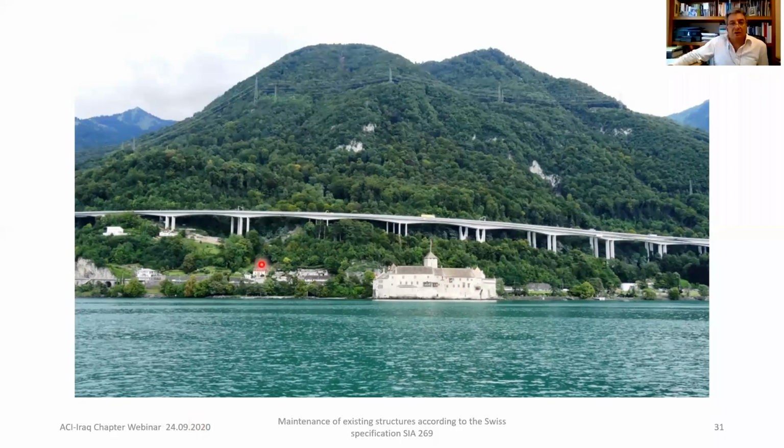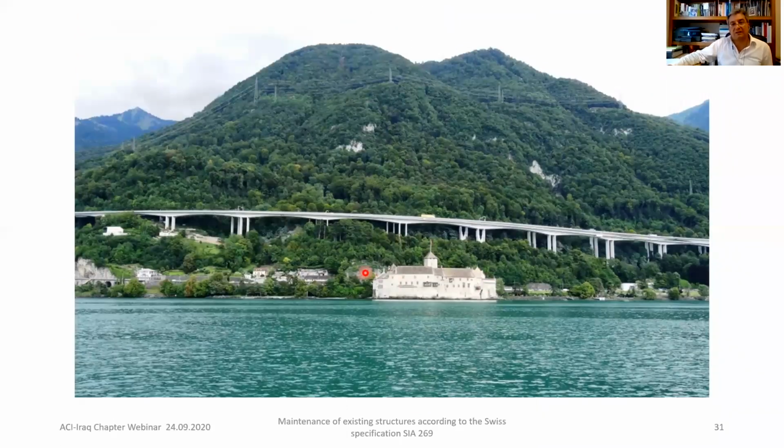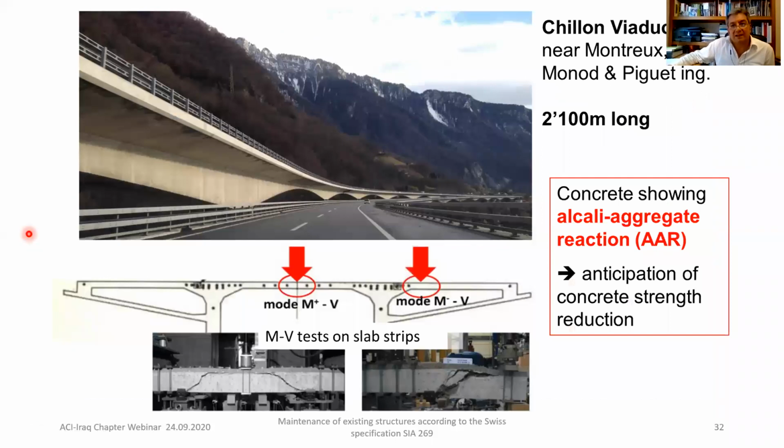This autoroute was constructed between 1967 and 1969. This portion exactly over the Château-Chillon was finished in 1969. And it suffered from the concrete disease, what we call the alkali reaction. They kept an eye on this bridge to check if the concrete really had defects of this type.